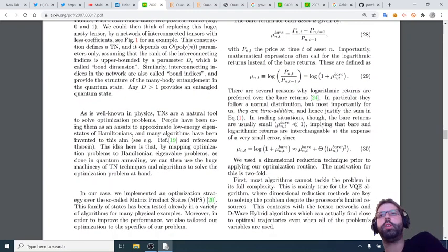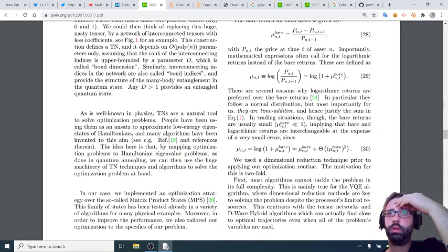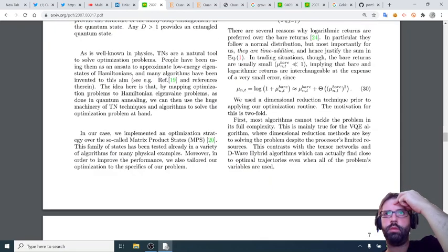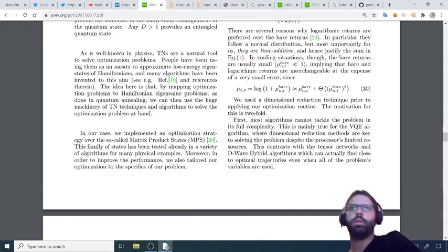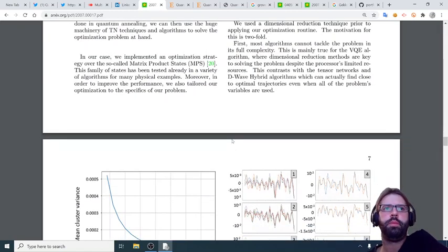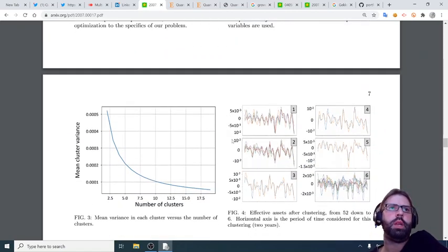There's some dimensional reduction technique. So D-Wave can actually find close to optimal trajectories even with all the problem variables I used: mean, cluster variance, number of clusters.